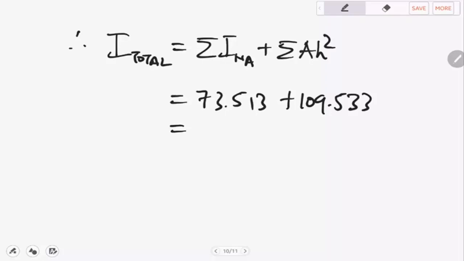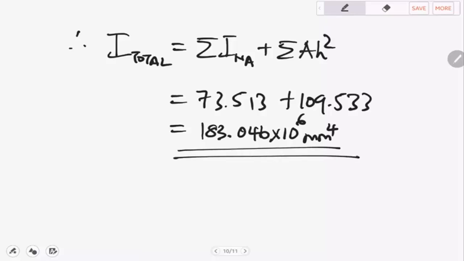So I get 183.046 times 10 to the power 6 millimeters to the power 4. So that is the second moment of area about the neutral axis for the compound shape.